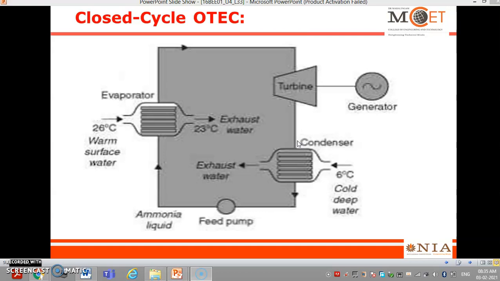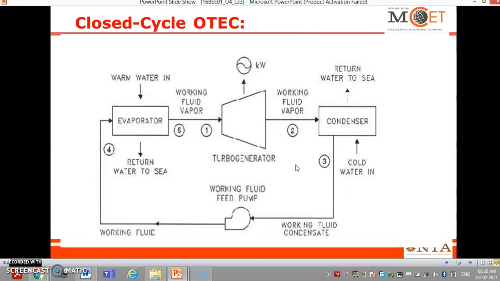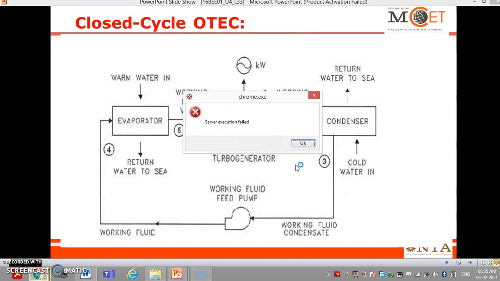The 6 degrees centigrade cold deep seawater has been given to the condenser. That has been flown to the feed pump, inside which ammonia liquid has been filled. This is the closed cycle ocean thermal energy conversion system.